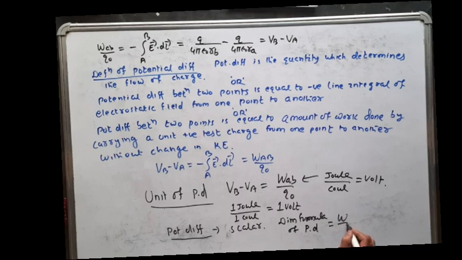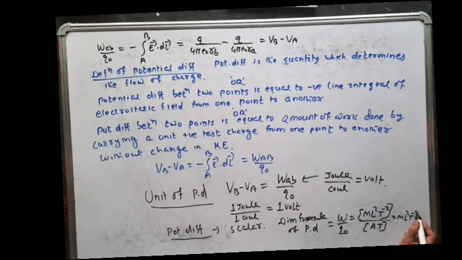It is W by Q. W has dimensional formula ML square T minus 2. Charge is equal to IT, I is ampere, time is T. So if you calculate, you will get M L square T minus 3 A minus 1. So this is the dimensional formula of potential difference.